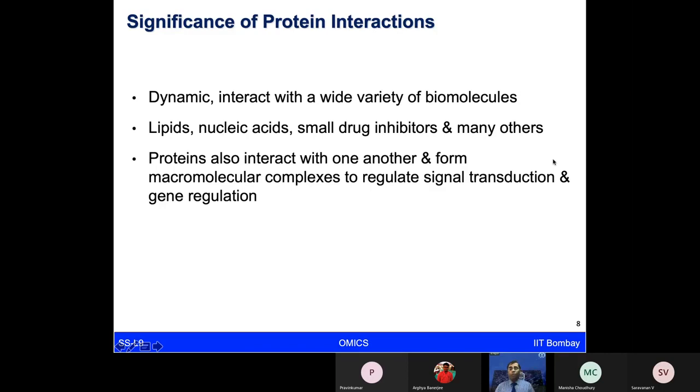So I'm sure now you are aware and convinced that these protein interactions are very useful. They are dynamic. They interact with a wide variety of biomolecules, and their interactions regulate different signal transduction and gene regulation activities.